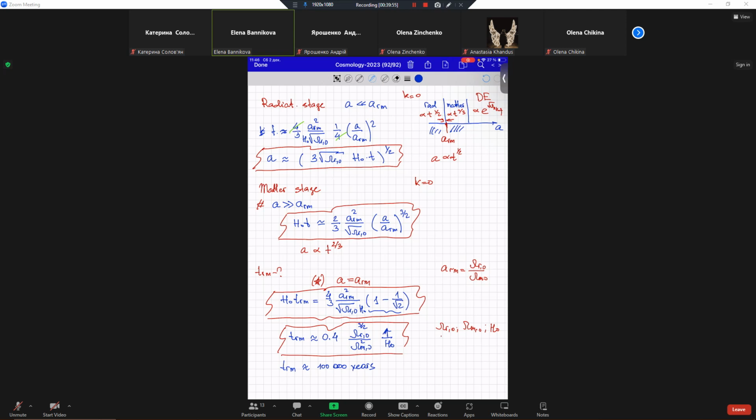So if T was much less than TRM, radiation dominates. And as soon as T became more than TRM, matter started to dominate.